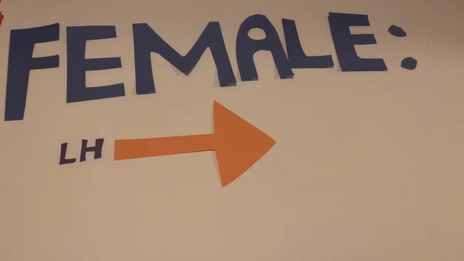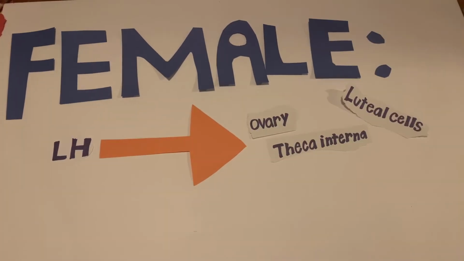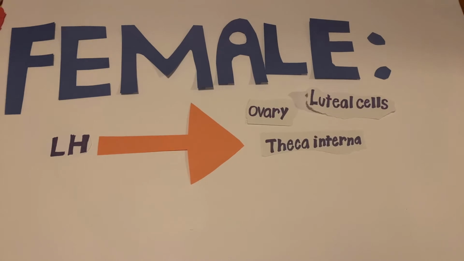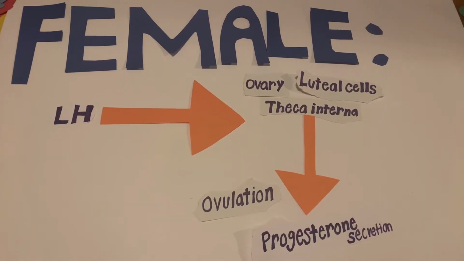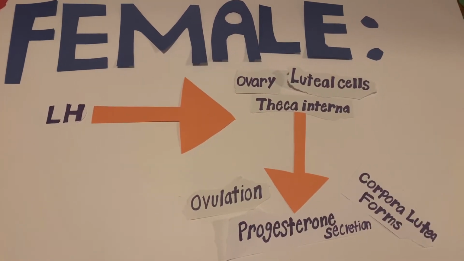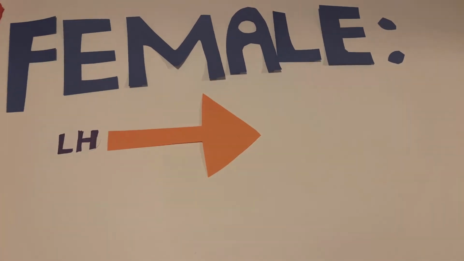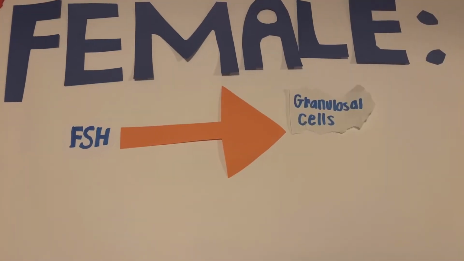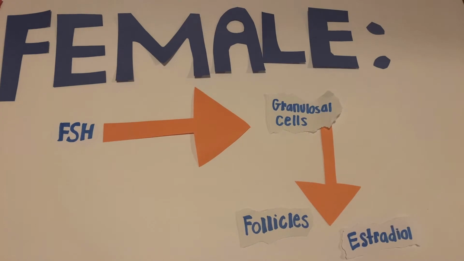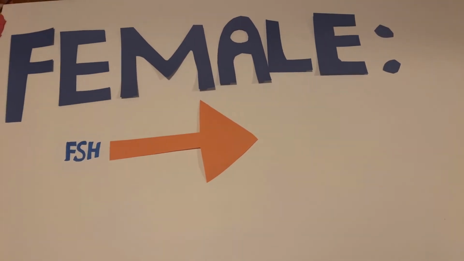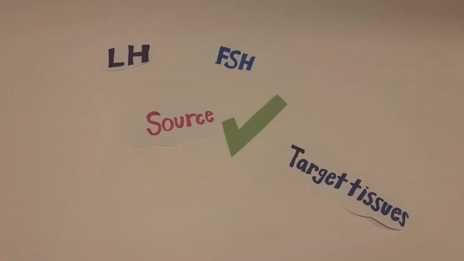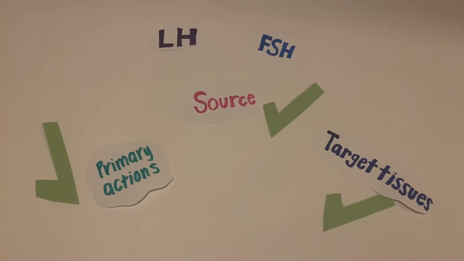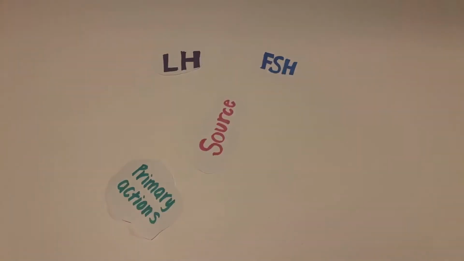In the female, LH targets the ovary, theca interna, and luteal cells to cause ovulation, progesterone secretion, and the corpora lutea to form as well. FSH targets granulosal cells, so follicles and estradiol form. Don't be overwhelmed. LH and FSH both come from the pituitary lobe, and now you know their source, target, and action mode.